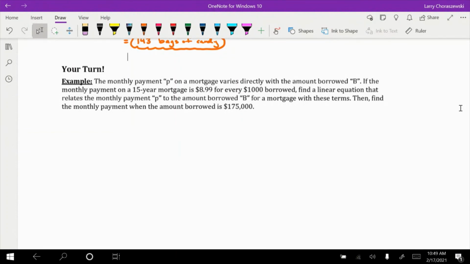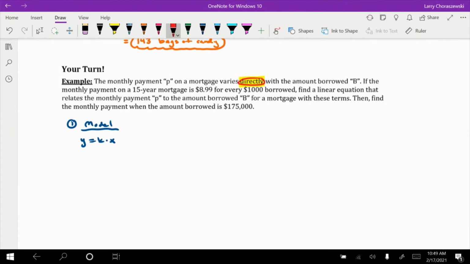All right, folks, I'm going to start jotting down some of my steps here. So direct variation based on the keyword in the first sentence.